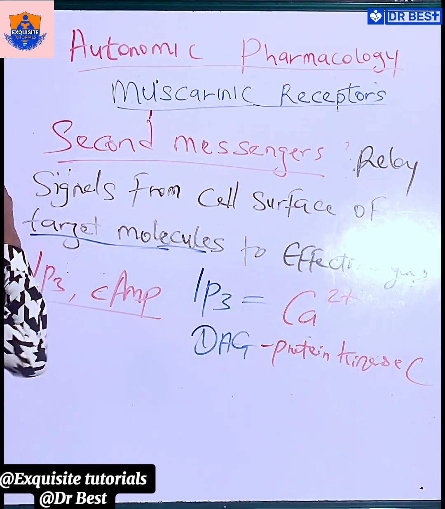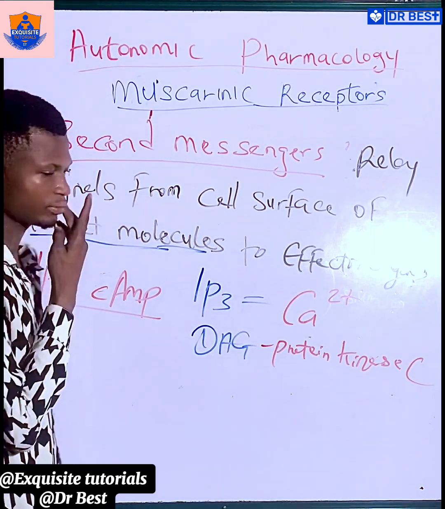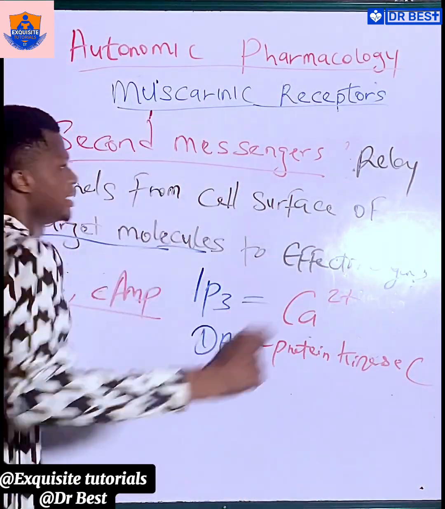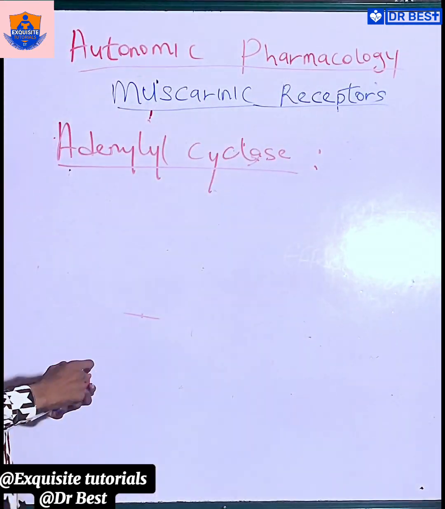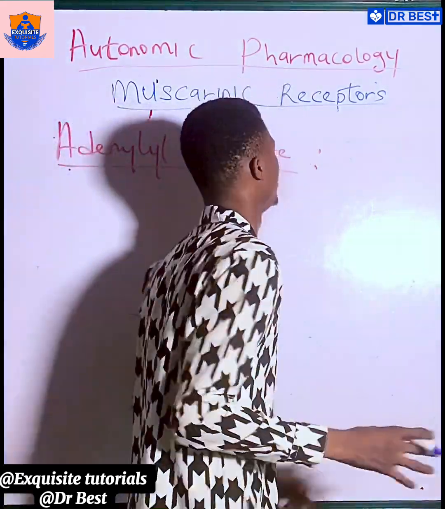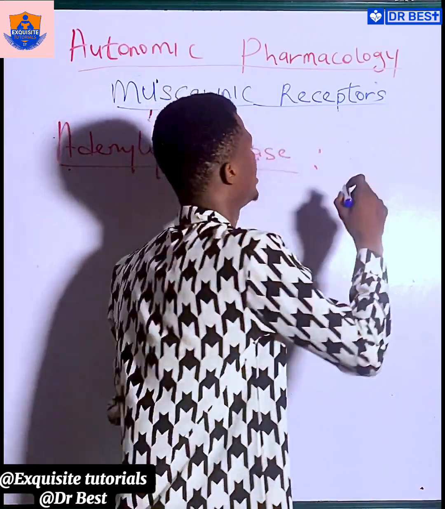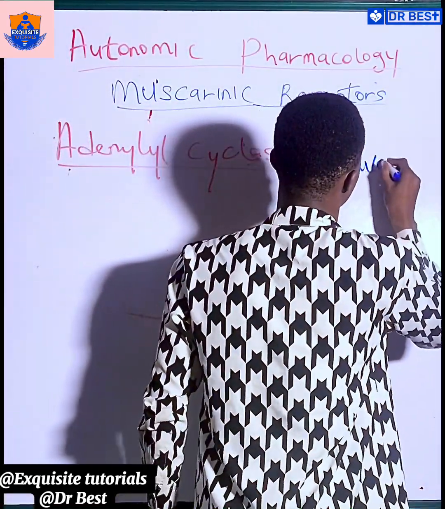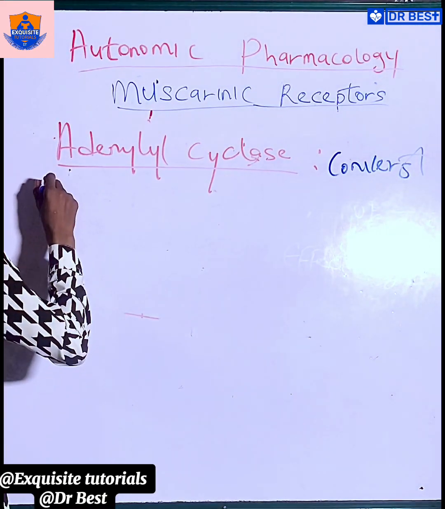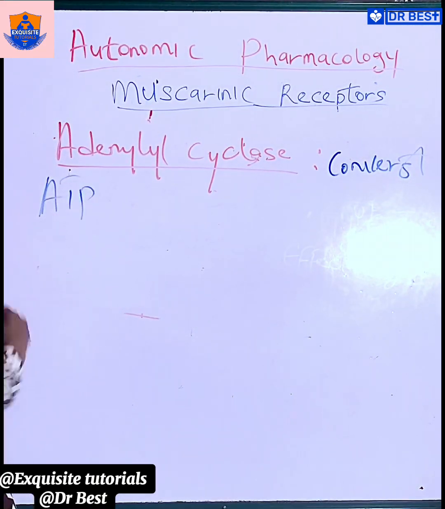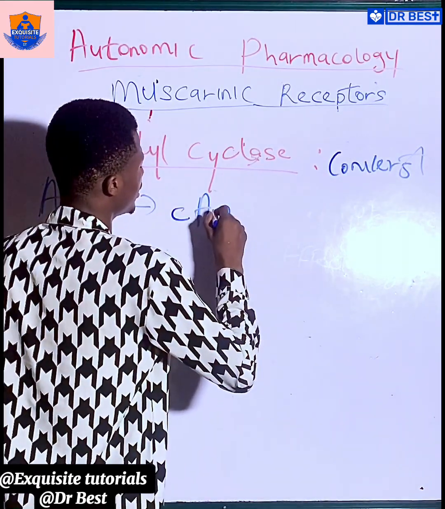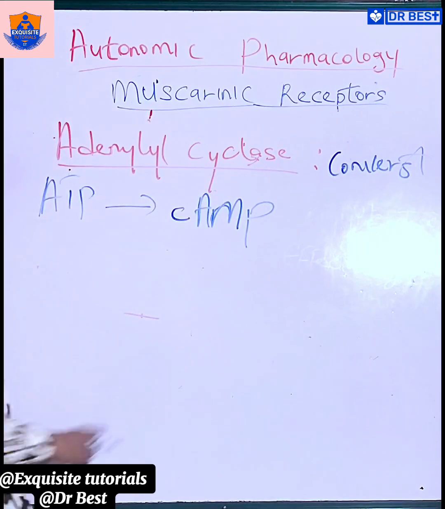Now, on the other hand, we talked about that they can inhibit the formation of adenylyl cyclase. Just like we made you understand that phospholipase C is an enzyme, adenylyl cyclase is also an enzyme that converts ATP, adenosine triphosphate, to cyclic AMP.